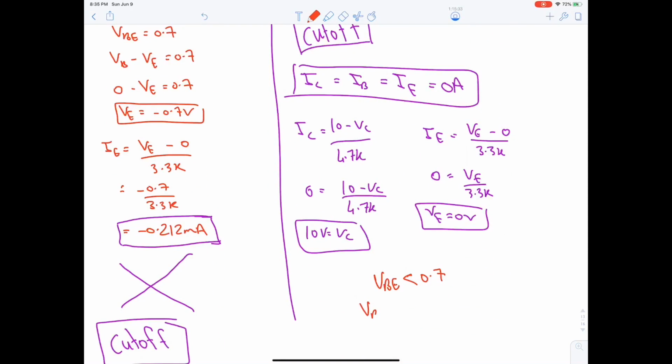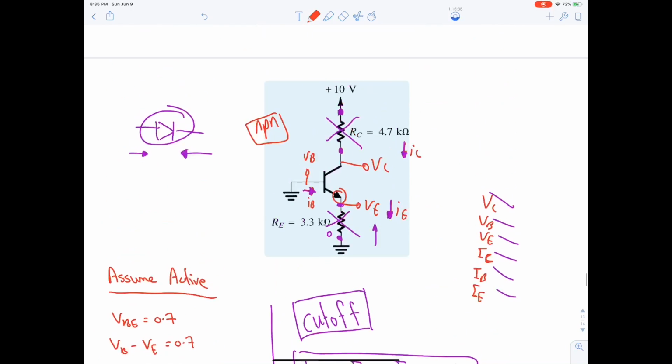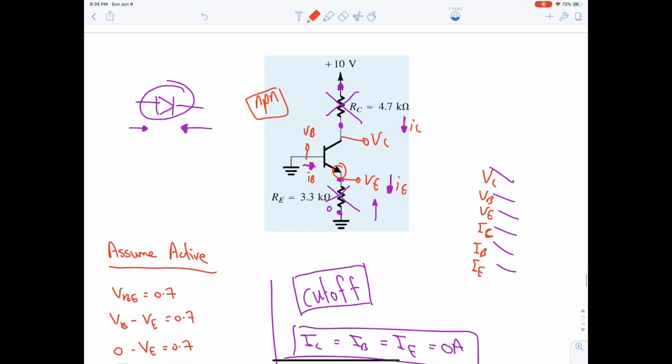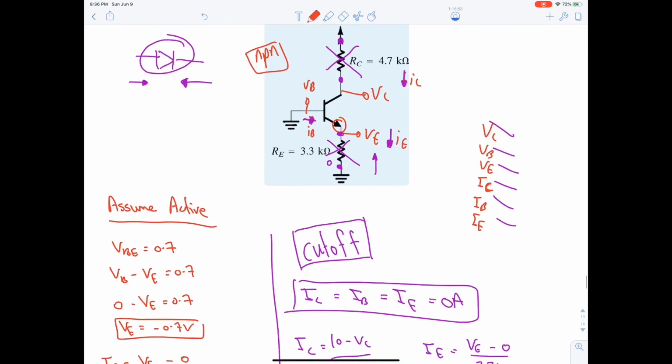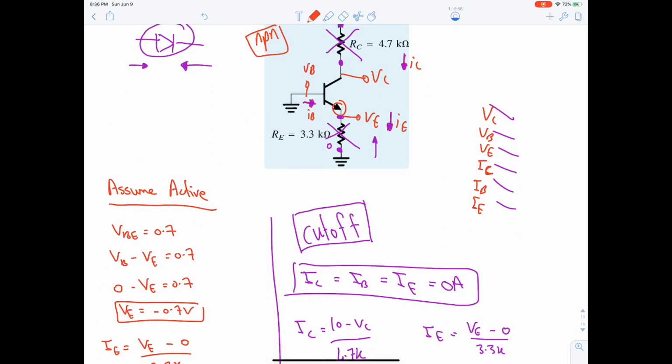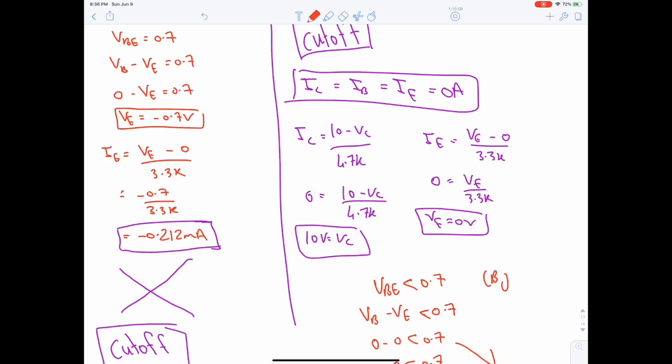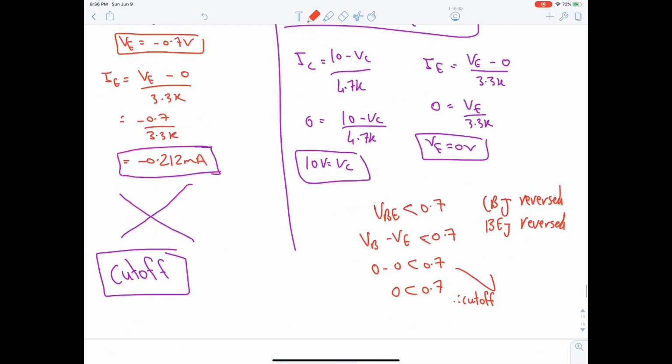What is VB? VB is 0 because it's grounded, and VE is also 0. So 0 minus 0 is 0, and this is cutoff. And both regions are reversed. So CBJ and BEJ are reversed. Okay, we are done for this question.